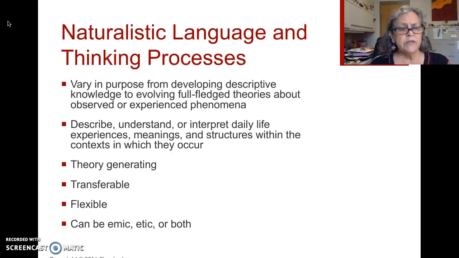They do generation of theory. They can be transferable. They can be flexible. And they can be emic, which means it's from the researcher's point of view, like me, it's what I think about it, or it can be etic, which means I'm looking at them. What do they think?